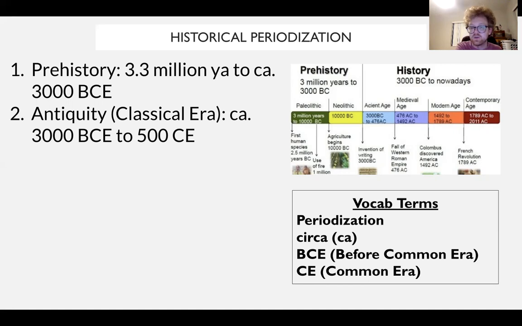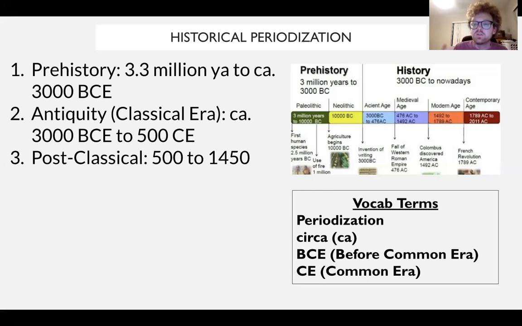Then we have antiquity, which is the period between writing and essentially the fall of the Roman Empire if we're viewing just Europe, but in general, major shifts towards different empires across the world.